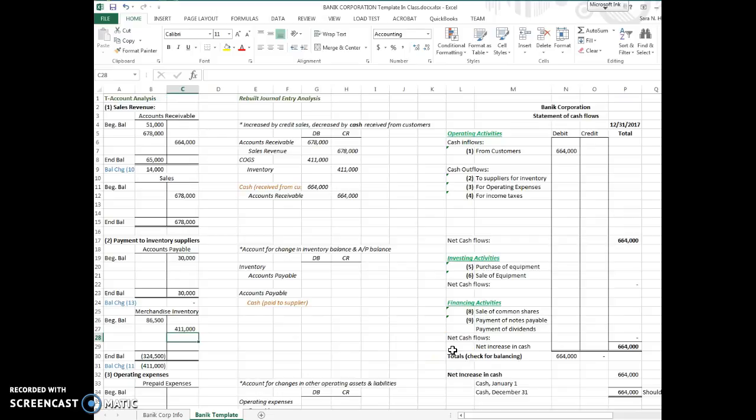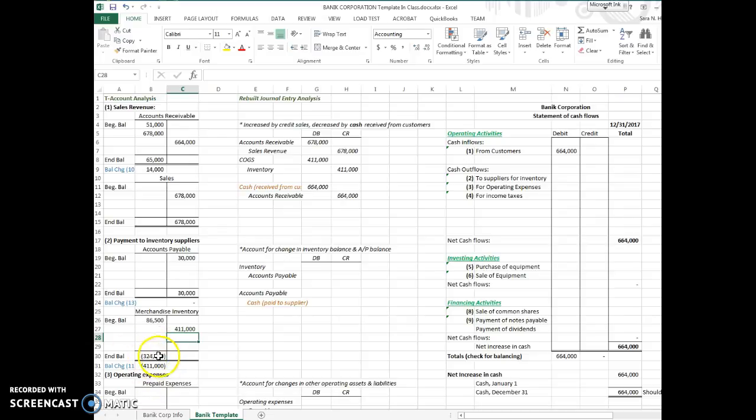So what I want to reflect is this credit to inventory of $411,000. Going back to my balance sheet, I knew my beginning balance of merchandise inventory is $86,500, but my balance sheet is also telling me what my ending balance was, which is $63,800. So I know that my balance here needs to be $63,800.